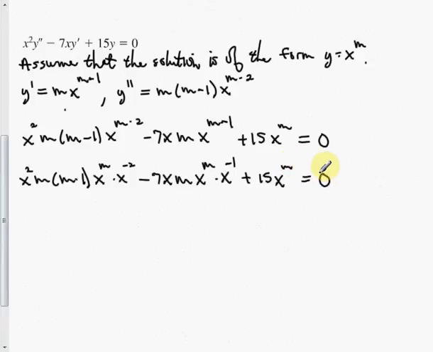That's equal to 0. Now x to the second times x to the negative 2 is equal to 1. And this x to the first times x to the negative 1 equals x to the 0, which is equal to 1 as well.